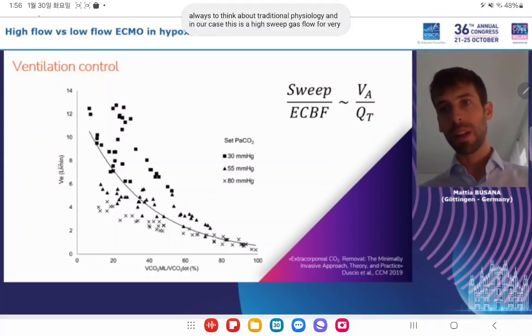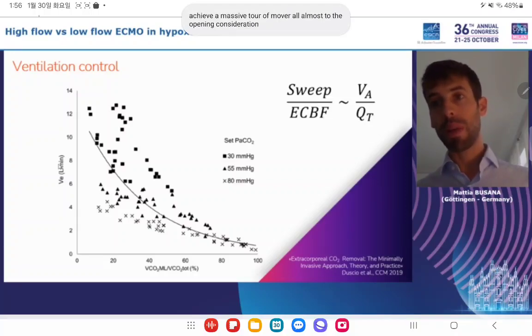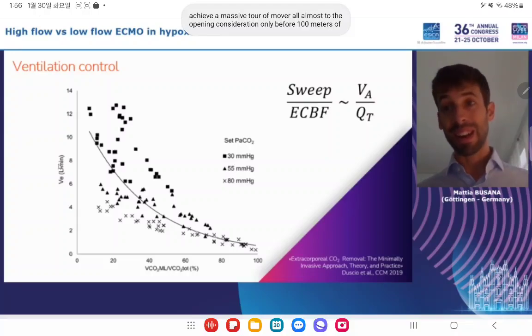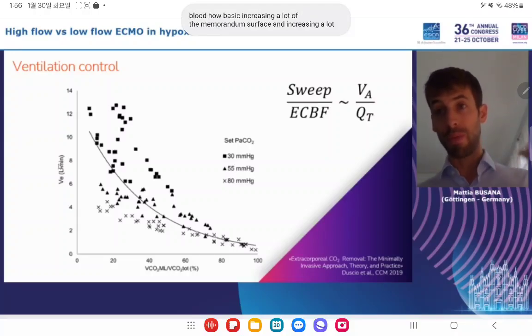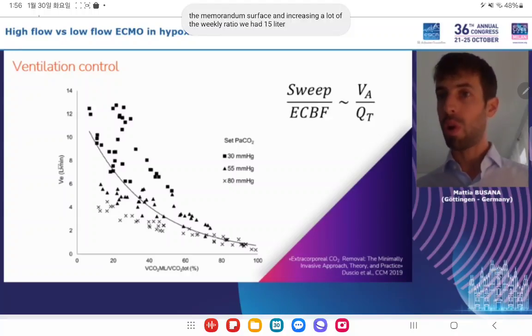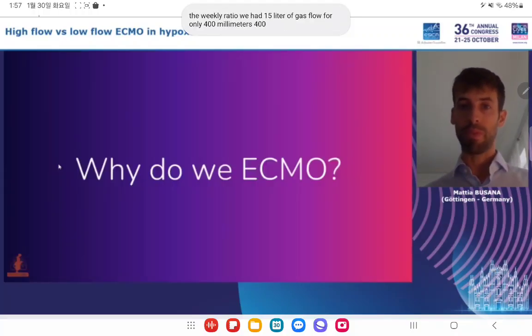You see that in this study that we performed in Göttingen, we were able to achieve a massive CO2 removal, almost to apneic oxygenation, with only 400 milliliters of blood. How? Basically increasing a lot the membrane lung surface and increasing a lot the VQ ratio. We had 15 liters of gas flow for only 400 milliliters per minute of blood flow.